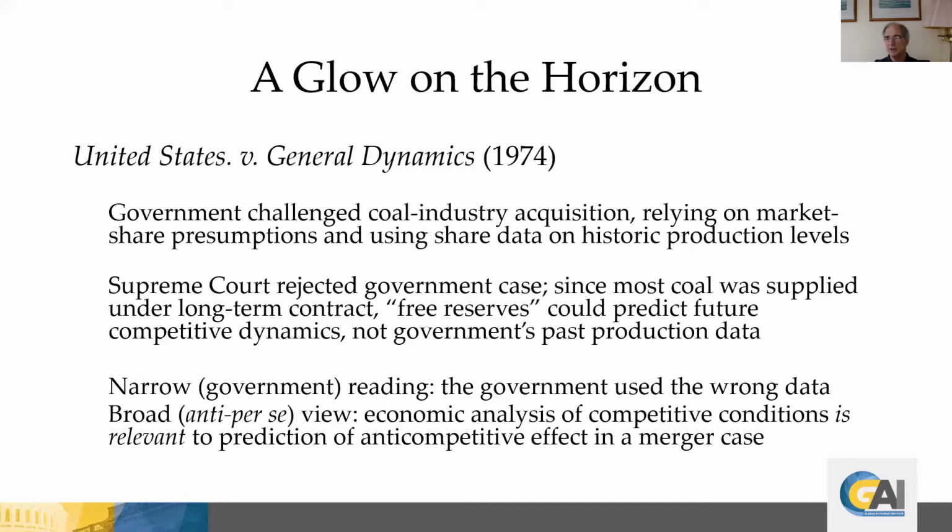But there was a broader view of the case at the time that by considering these economic arguments, perhaps the court's hostility to the use of economic analysis and its slavish preference for per se rules that had been so vividly on display in other recent cases like Topco and Vons Grocery, perhaps that was weakening, but it was very much debatable after the General Dynamics decision in 1974.